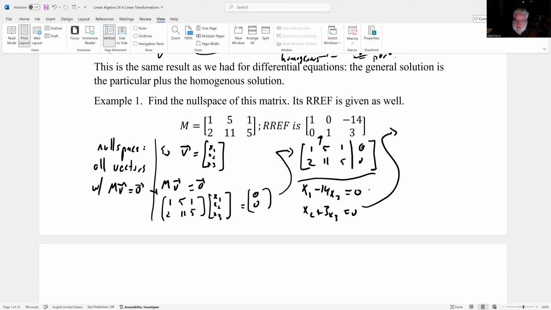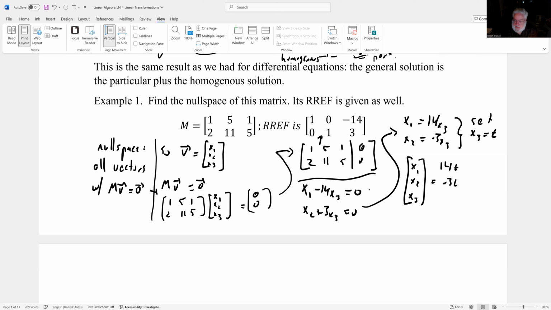What does that give me? x1 equals 14x3, x2 equals minus 3x3, and we'll do our usual thing of setting x3 to be equal to t, a parameter. So what is our solution to this matrix equation? Well, x1 is 14t, x2 is minus 3t, and x3 is t. And then we can factor out the t. We get this.